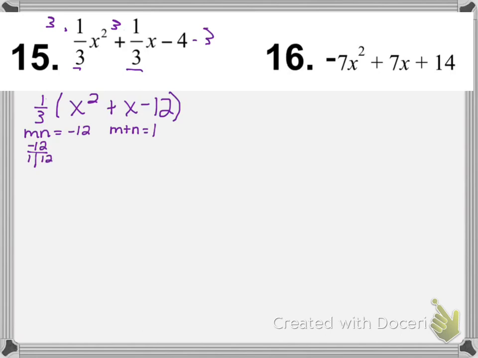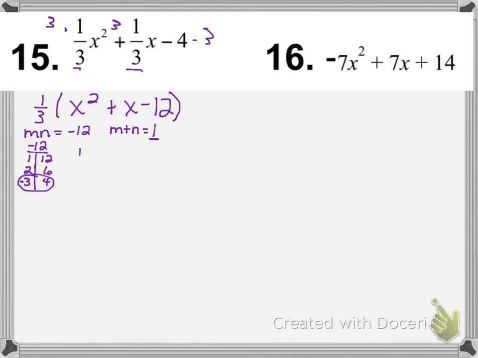So if I go 1, 12, 2, 6, 3, 4, if I go 12 minus 1 is 11, 6 minus 2 is 4, 4 minus 3 is 1, so I know my magic number is going to be this. And so it depends on which one is negative. You got to choose whichever one is negative. Since the 1 is positive, then the largest number, which is 4, stays positive.